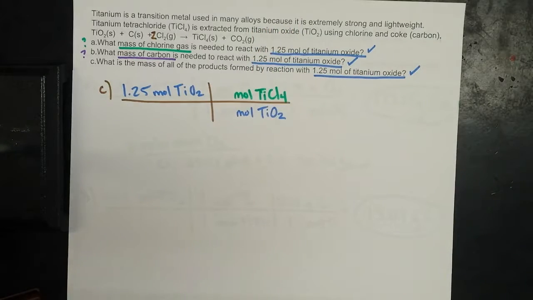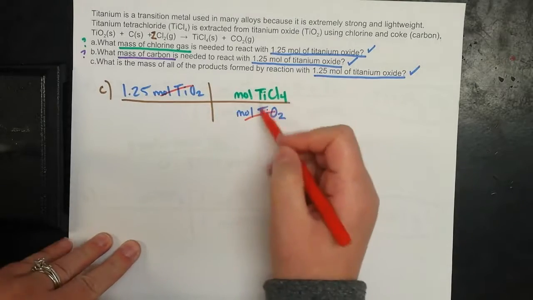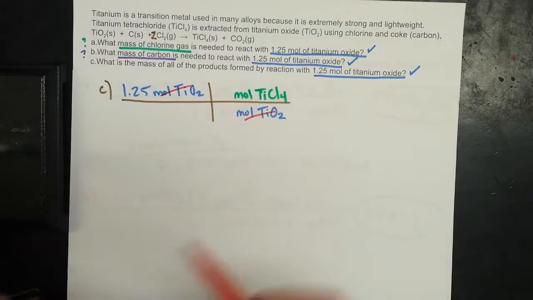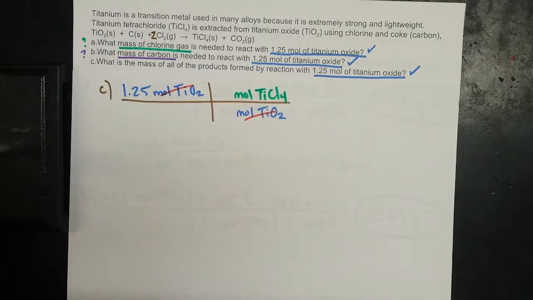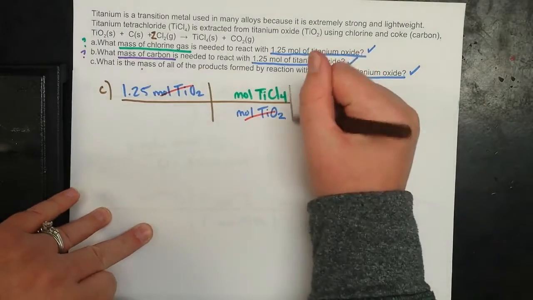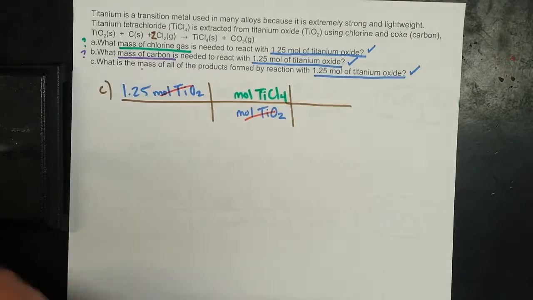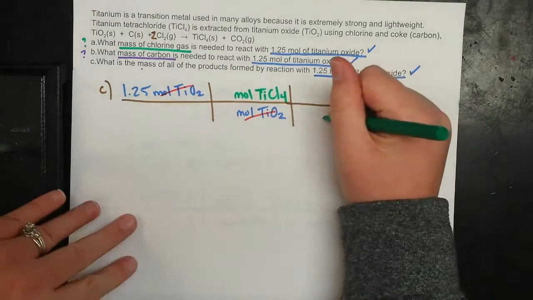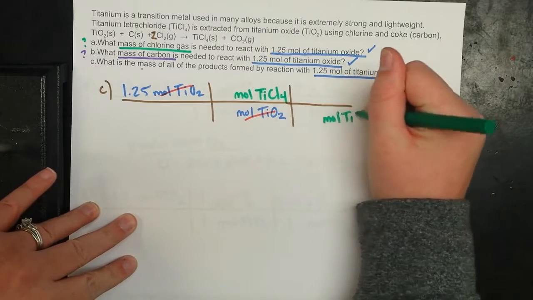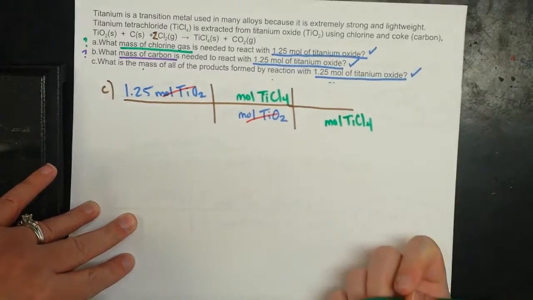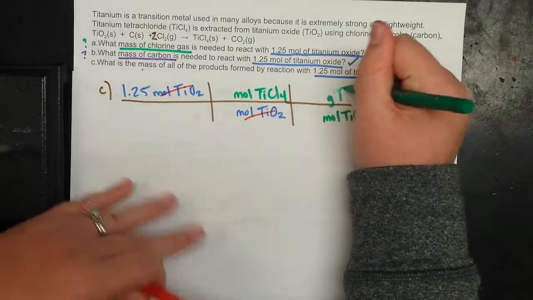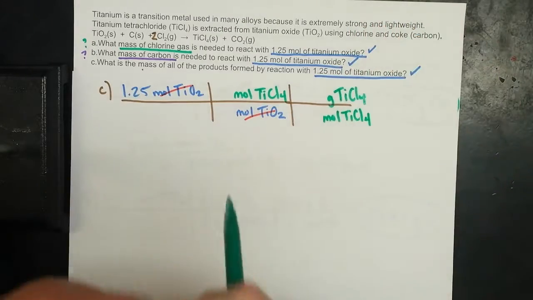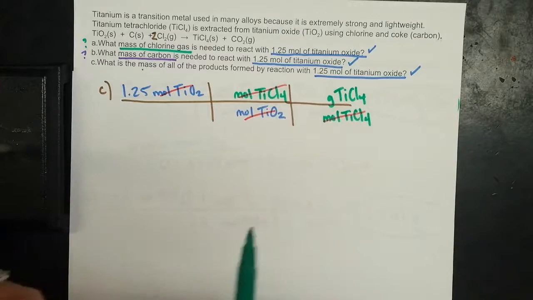This cancels the moles of titanium oxide and converts between titanium oxide and titanium tetrachloride. Converts me to moles of titanium tetrachloride, but I want to find the mass. So I'm going to put the moles of titanium tetrachloride on the bottom, and that way they cancel, and put the grams of titanium tetrachloride in the numerator, because that's what I want to find.